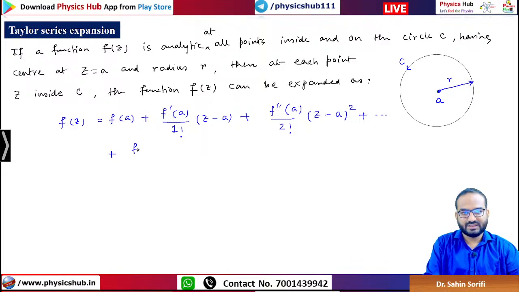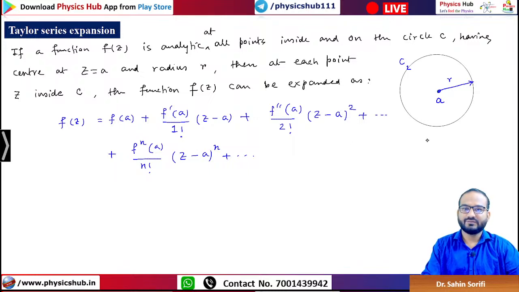If you want to write the nth term, this is the nth order derivative of f at z equals A, divided by n factorial, times z minus A to the power n, plus higher order terms. This is an infinite series, so it will contain an infinite number of terms. We have just shown a general term, this nth term.